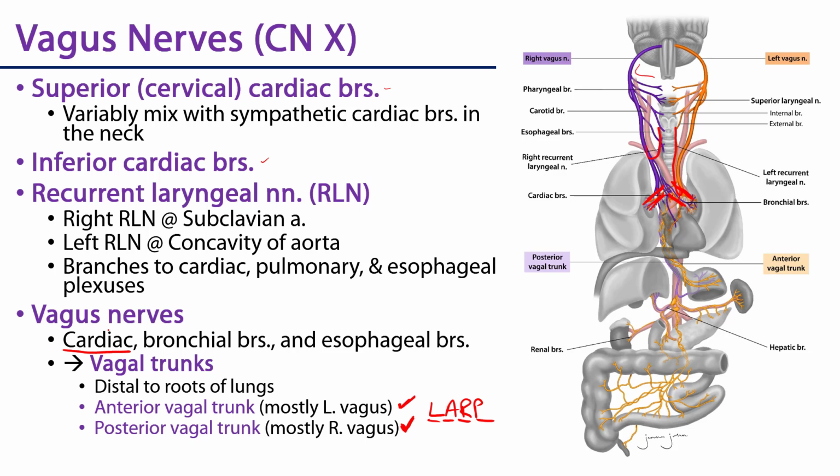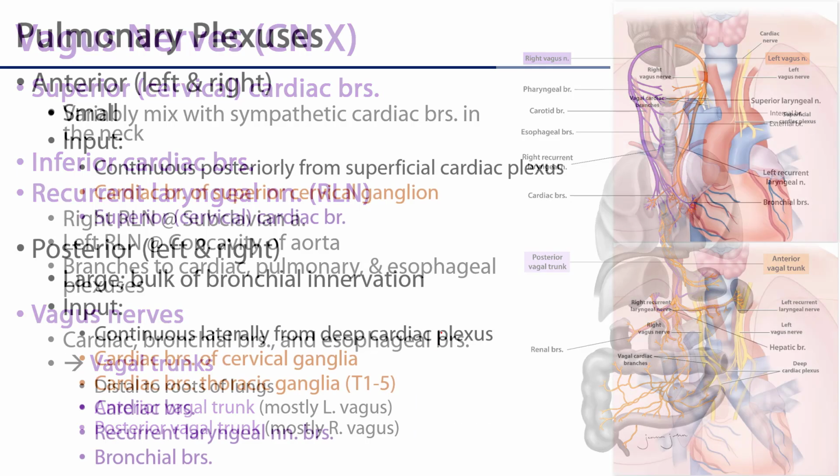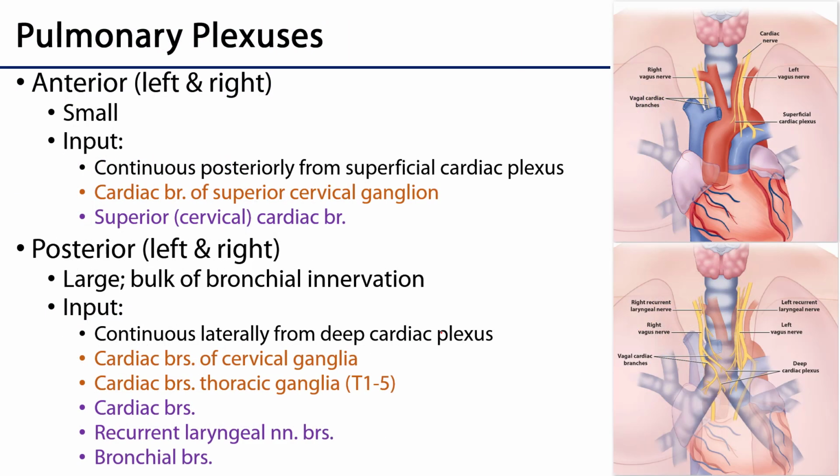Now, before the trunks come into existence, those vagus nerves which have already supplied cardiac branches high within the neck will also send more branches to the cardiac plexuses. They'll also serve dedicated bronchial branches to the pulmonary plexuses, as well as various esophageal branches, as we'll see. So the pulmonary plexuses are very difficult to differentiate from the deep cardiac plexus, and they're going to enjoy fibers from both cardiac plexuses.